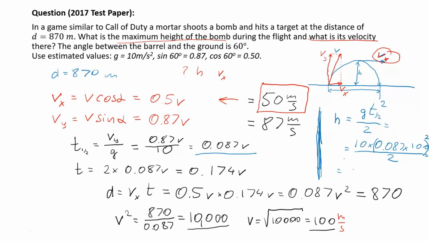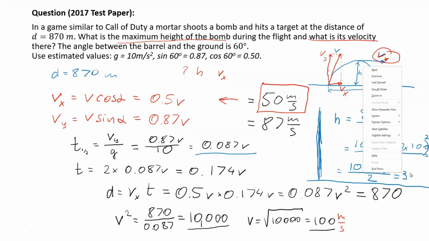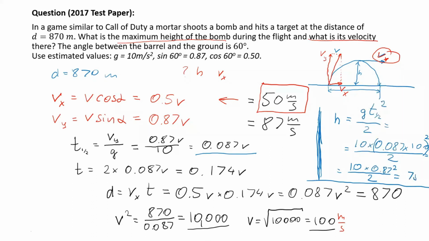So this is simply 10 times 0.087 times 10, it is 0.87 squared over 2, and because my space is nearly gone, I will just continue on the calculator, and the result of this is 378.45 meters.